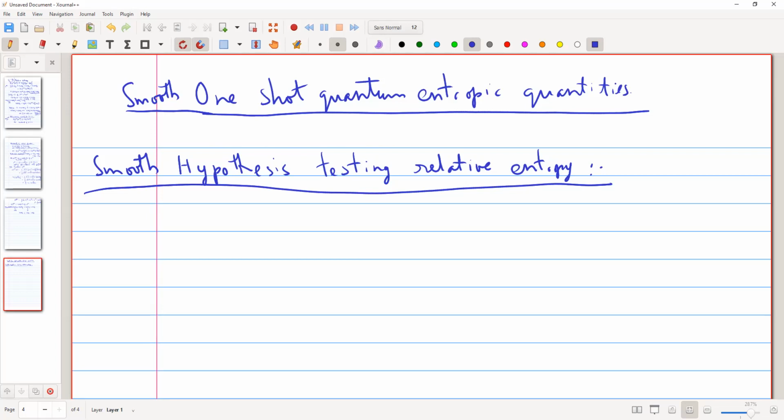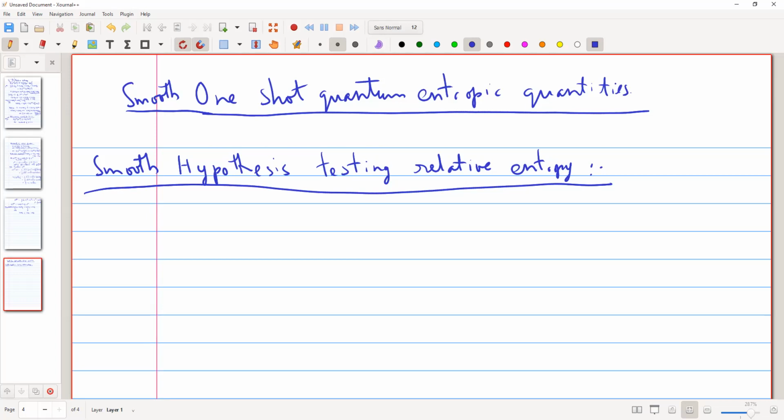So the smooth D alpha essentially boils down to smooth D0. We had a definition of D0 out there. You can come up with analogous definitions quantumly, but the moral of the story was the smooth D0 is very closely related to the smooth hypothesis testing relative entropy. So that's one end. At the other end, when I took D alpha or smooth D alpha, where alpha is larger than 1, that boiled down to D epsilon infinity or D epsilon max, as we called it there.